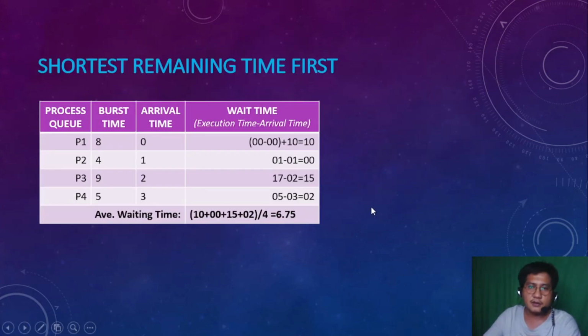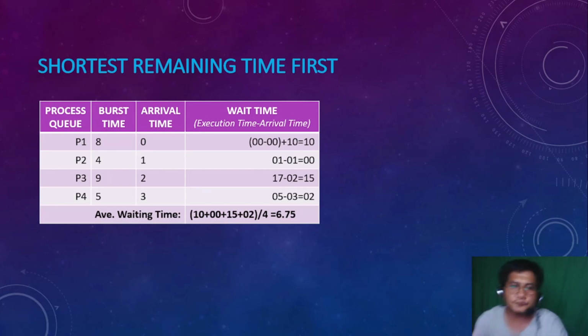So in here we have the wait time. For the wait time of the shortest remaining time first, we will have to look at the execution time and the arrival time.